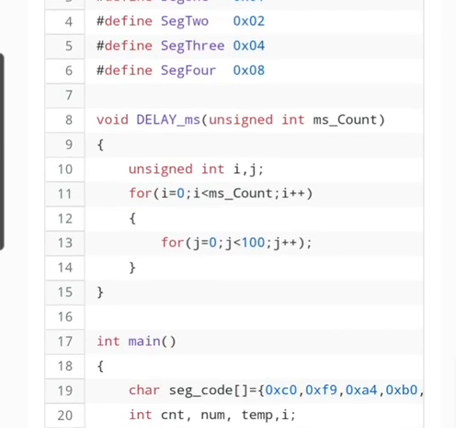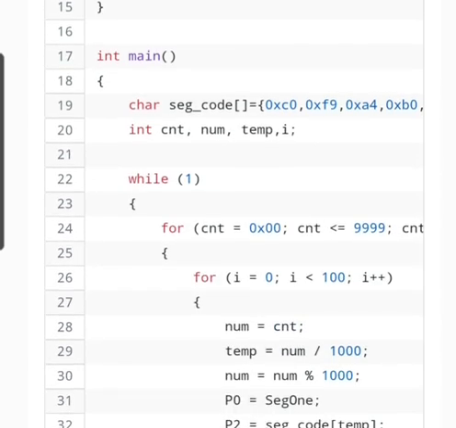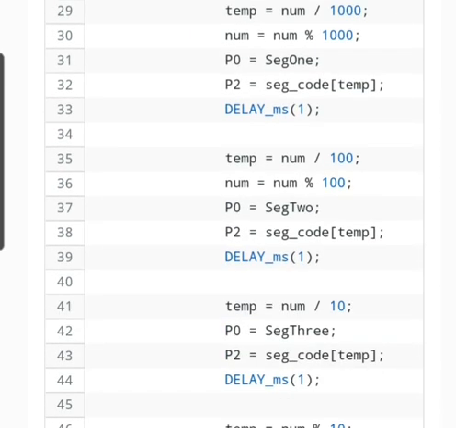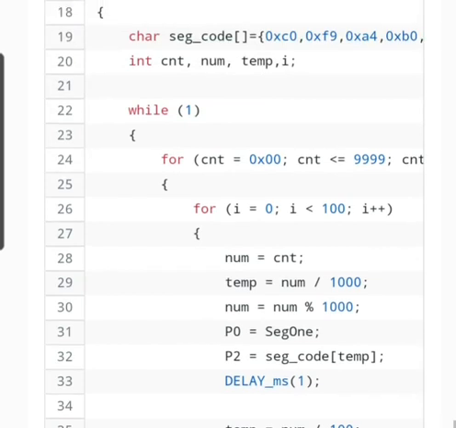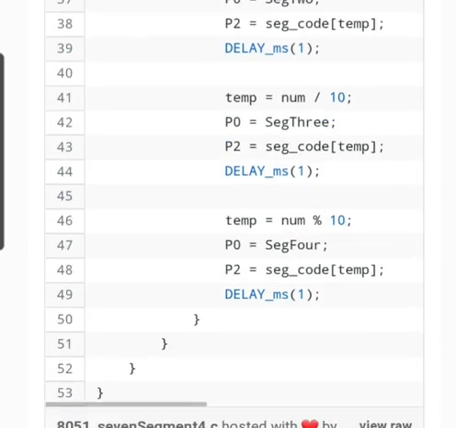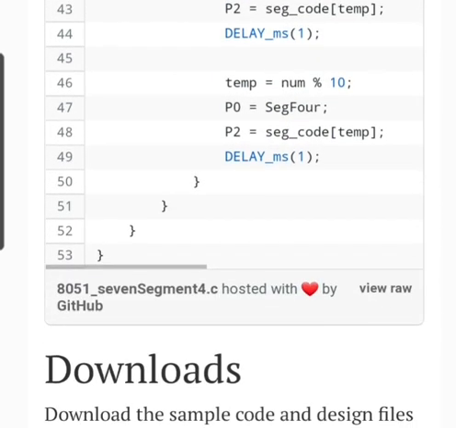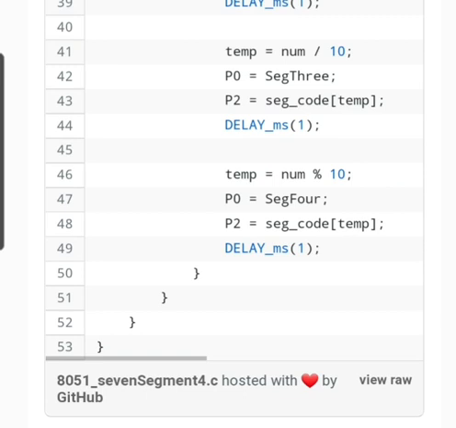First we include, hash include, all the libraries, then void delay, then the character segment code hex values are given here. These are all for the 4-digit up counter. So in this way we can write the program.